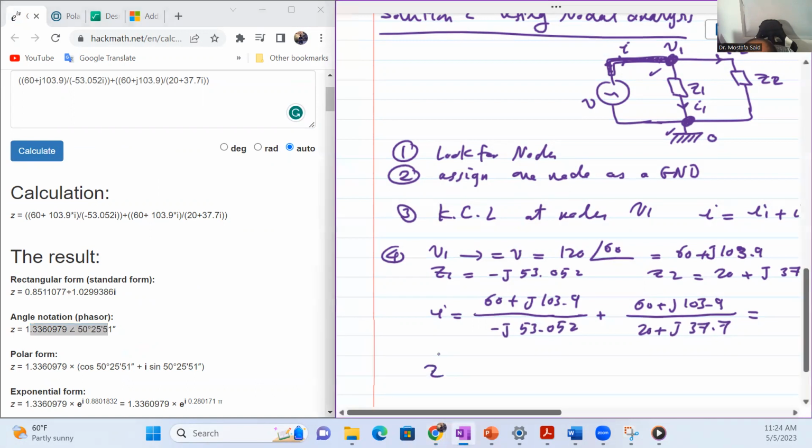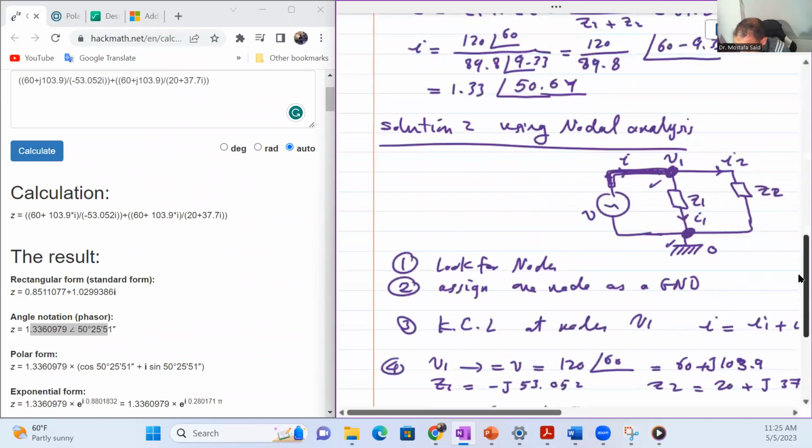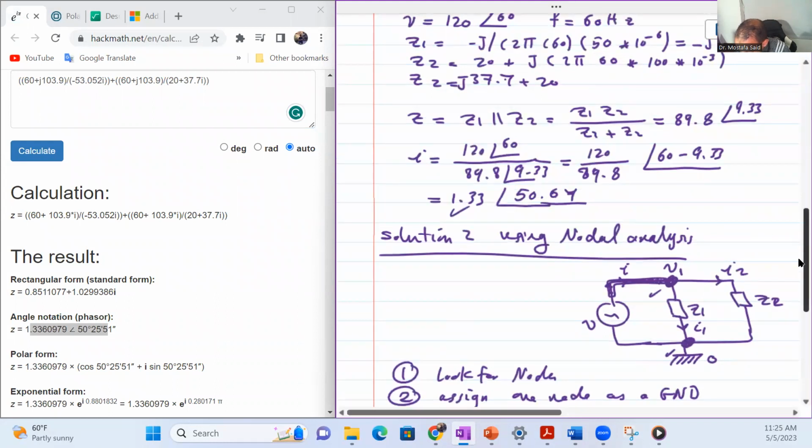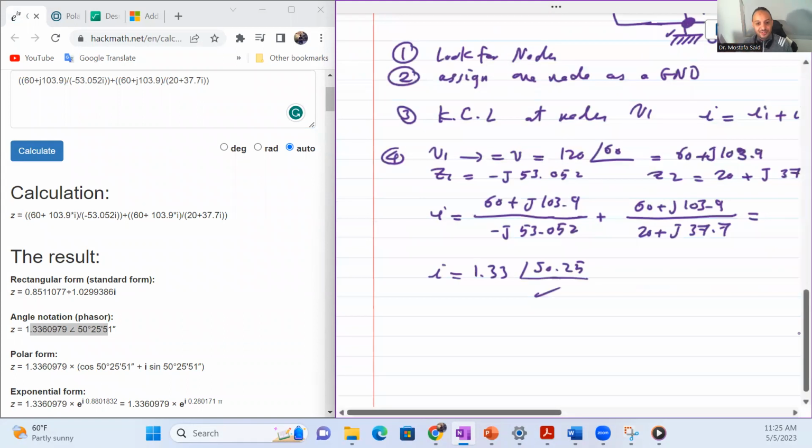So I equals 1.33 angle 50.25. Let's compare this with what we have: 1.33, and here is 50.67, and here is 50.25. Both are matching. Of course, there are some differences, but that's expected, especially when you use complex numbers.